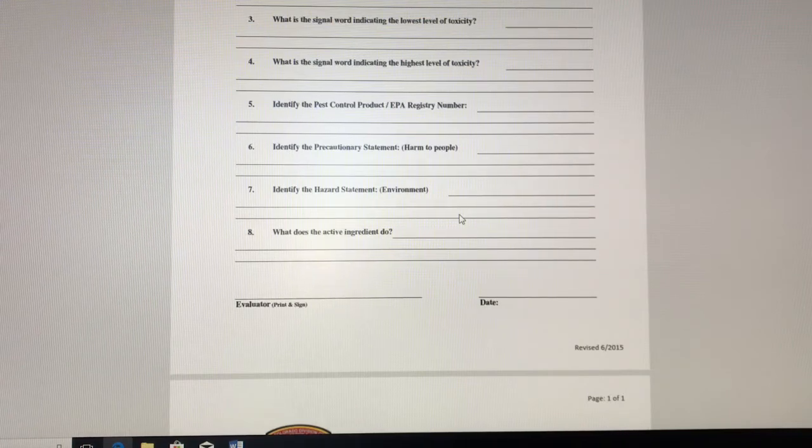You can say that the active ingredient is what makes this product work. It's what makes it do its job. You can use any kind of terminology you want. It doesn't have to be an in-depth industry explanation or definition. Just what does an active ingredient do, and identify what it is. In this case, it's sulfur, and it's the primary ingredient that kills pests in this pesticide product.